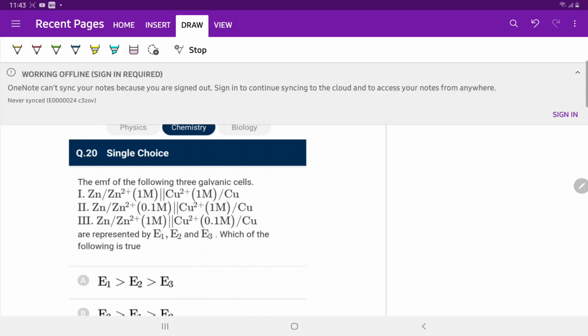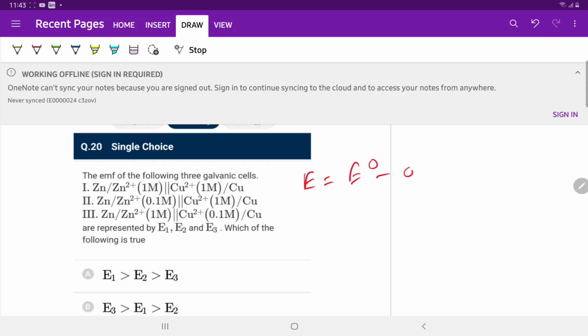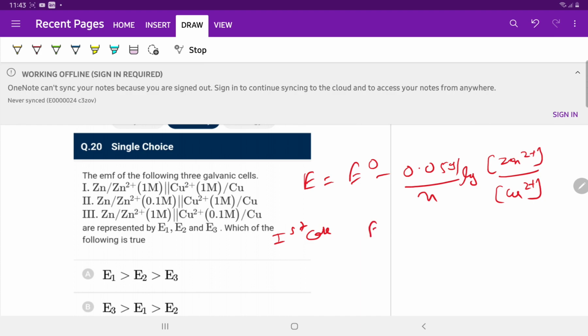The EMF of the following three galvanic cells are represented by E1, E2, E3. Which of the following is true? We know very well that the Nernst equation is 0.0591 upon n log of concentration of Zn2+ upon Cu2+. In first case, E cell is equal to E naught minus 0.0591 by 1 log 1, which is 0.